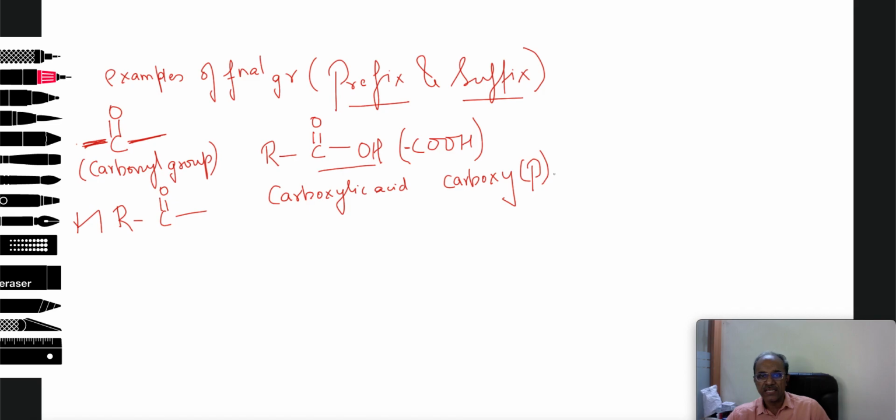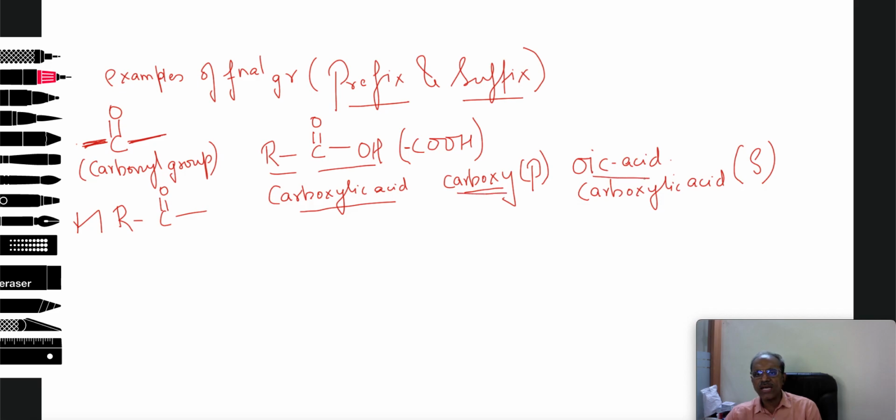Henceforth, I will write prefix as P and suffix as S. The suffix is either oic acid or carboxylic acid. Carboxylic acid, RCOOH: its prefix is carboxy and suffix is oic acid.